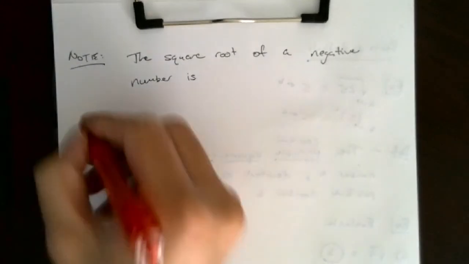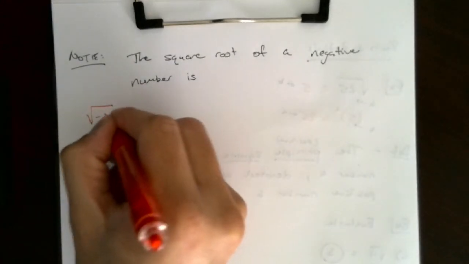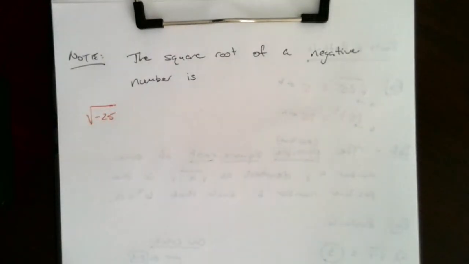Suppose I said the square root of negative 25. Now be careful, it's not the square root of 25. If I just said the square root of 25, you know the answer would be 5. But the square root of negative 25, think about what that means.